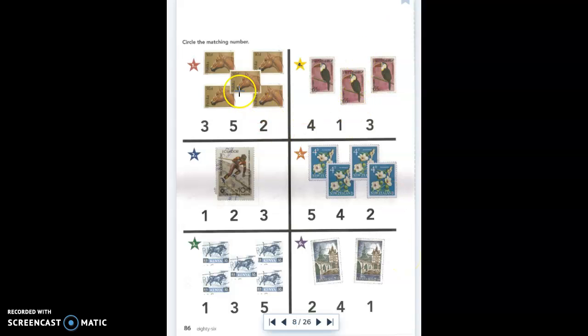On this side, we're just going to count the number of stamps in each box and circle the correct number. So this should be pretty easy for you to do, and your eyes should immediately see the representation of 5. This little formation here is also something that you would see on a die if you were playing a game, and you would see 1, 2, 3, 4, 5.